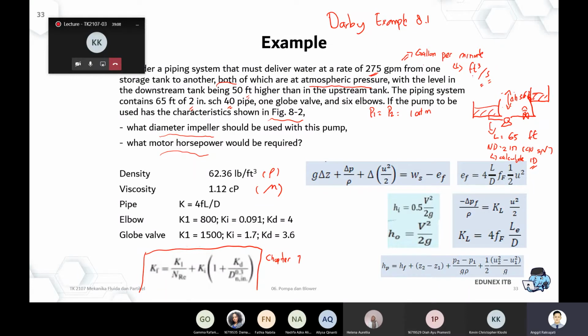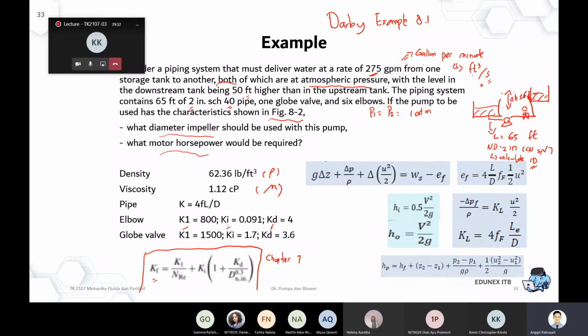Okay, so in this case, the fitting is provided as K1, Ki, and Kd. Based on the Darby version, the actual overall fitting of the elbow and globe valve has to be calculated first based on a function of K1, Ki, and Kd.